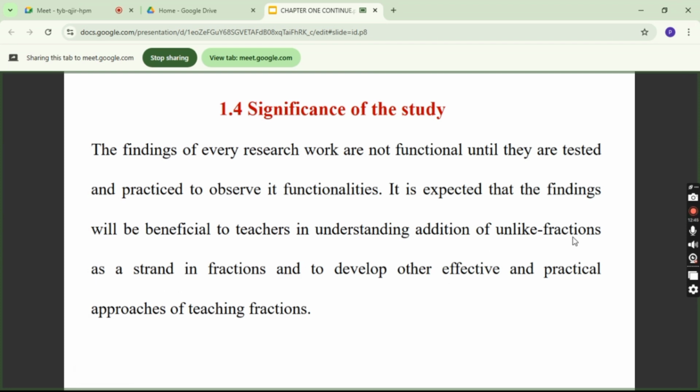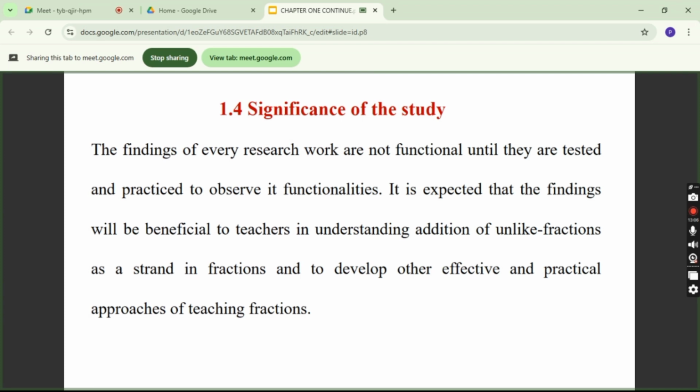So I know that unlike fraction is a subset of fraction, and to develop other effective and practical approaches of teaching. So here I know that this research that I am doing will benefit students for them to understand addition of unlike fractions.